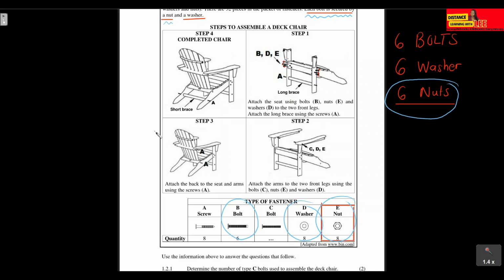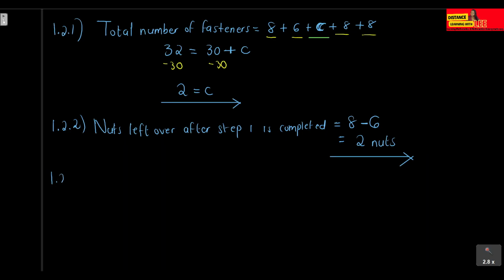We see that the last piece added to assemble this deck chair is the short base, because that's the last item that they've assembled on the chair. So that is our answer. Question 1.2.3: the last piece added was the short base. And that is it.